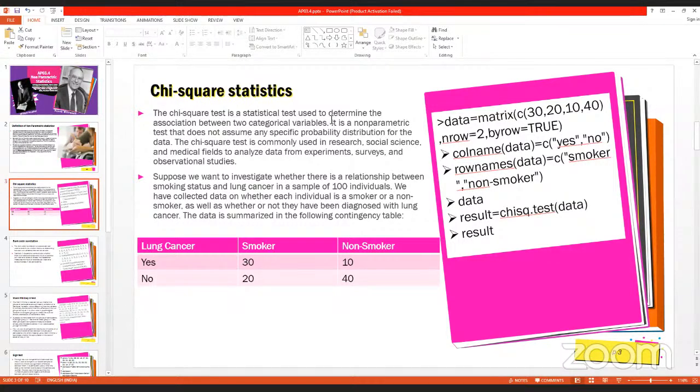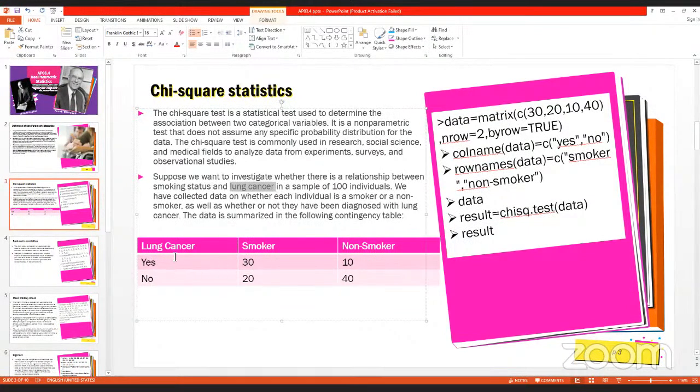The chi-square test is a statistical test used to determine the association between two categorical variables. In this example, we want to see whether there is a relationship between smoking status and lung cancer in a sample of 100 individuals, and we have collected data also.